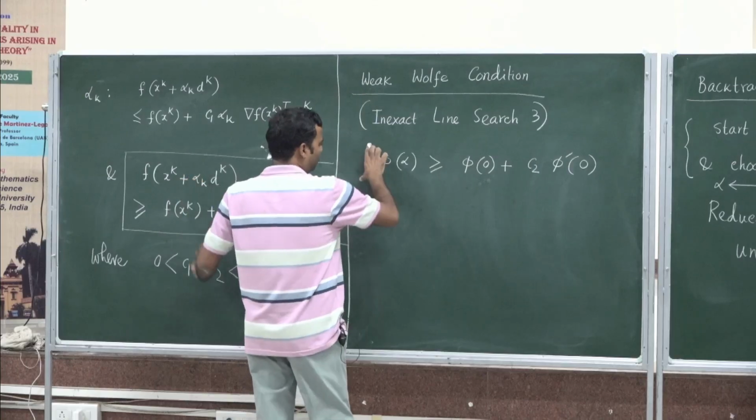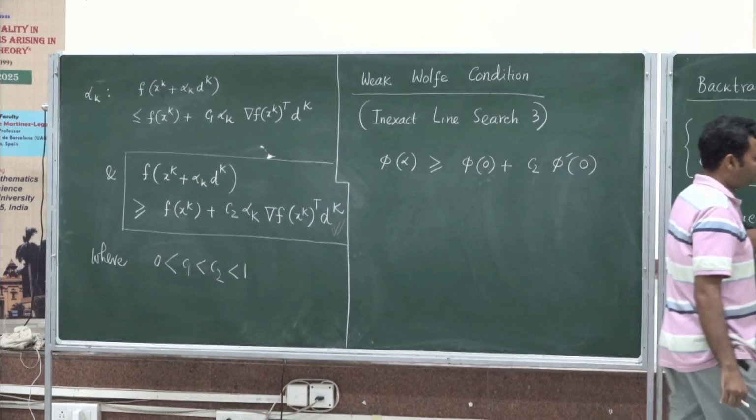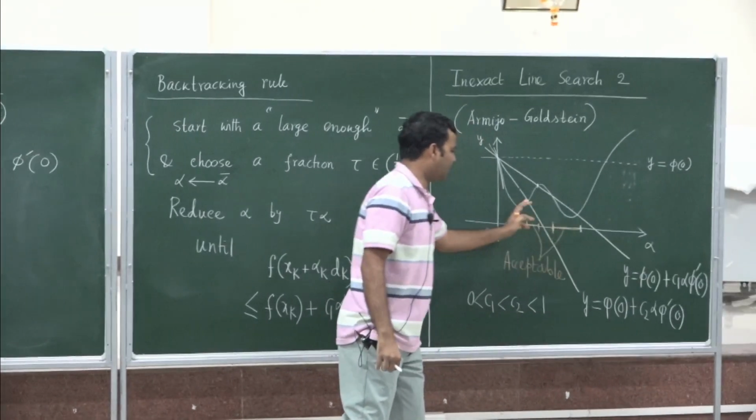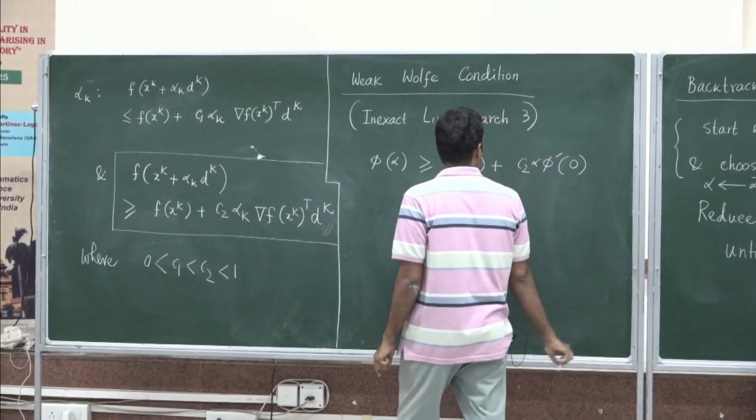The Goldstein rule says that phi alpha should be above this line, above this line, right? C2 alpha into phi dash 0.